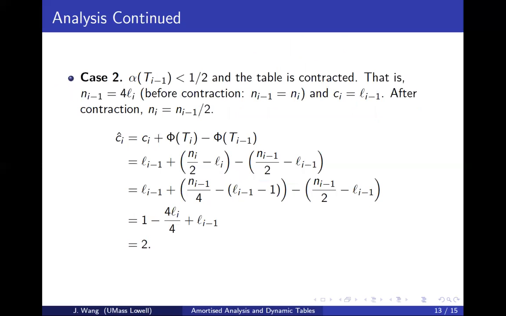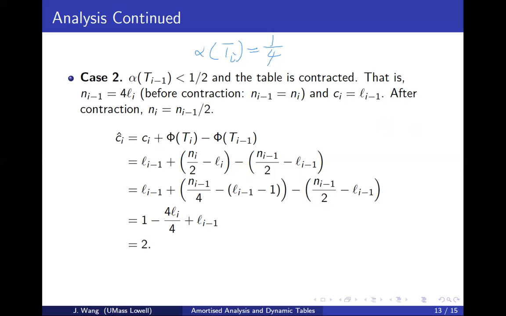Okay, case 2. Suppose that before deletion, the load factor alpha of T sub i minus 1 is less than 1/2, and after deletion, it becomes 1/4. It could happen, right? So then a contraction occurred.